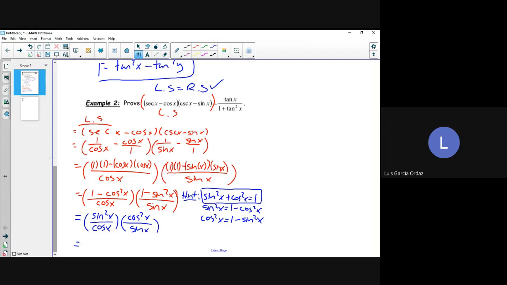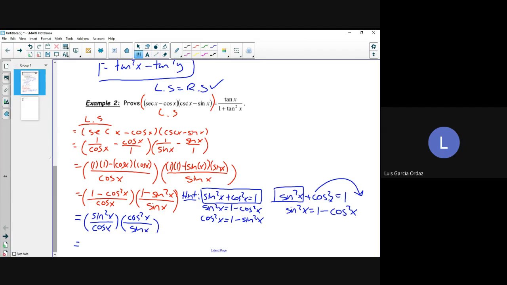Okay? Let me just start from scratch. So you have sine squared x plus cos squared x is equal to 1. If we want to isolate for sine squared x, we have to move the cos squared x over, and when we move that over, it becomes a negative. So we get sine squared x is equal to 1 minus cos squared x.